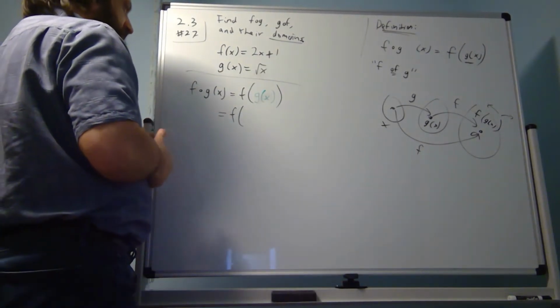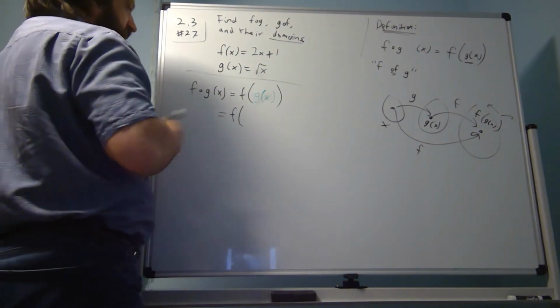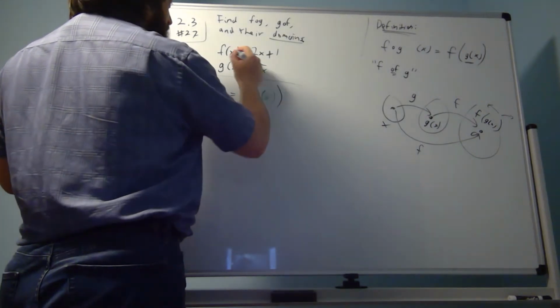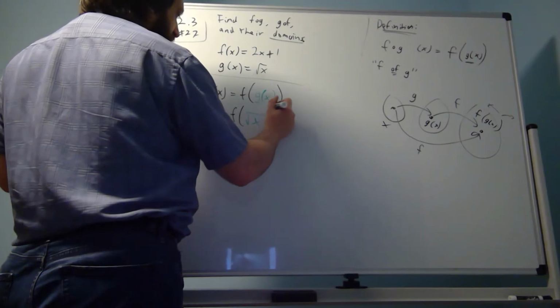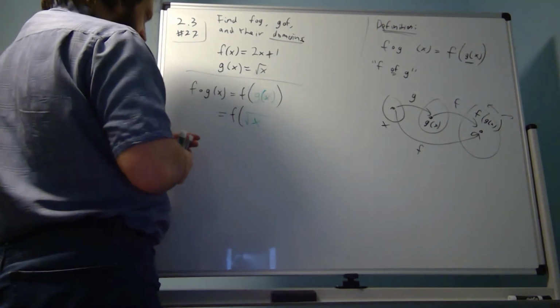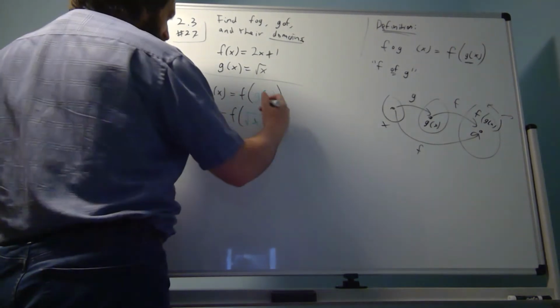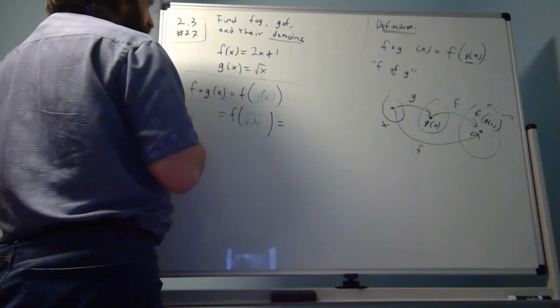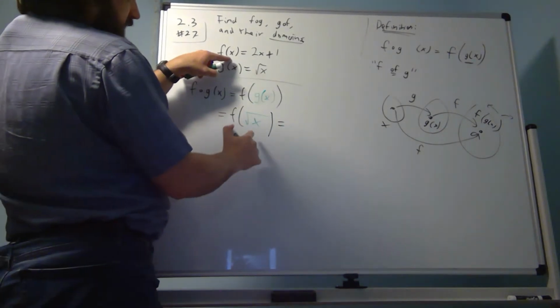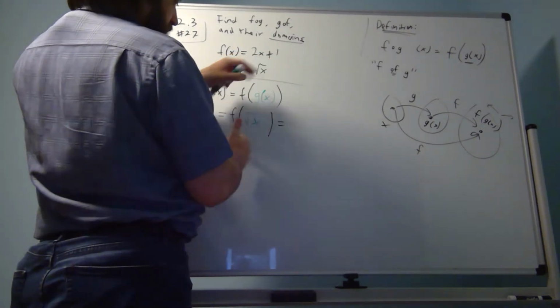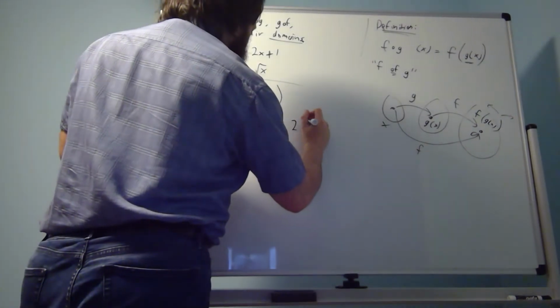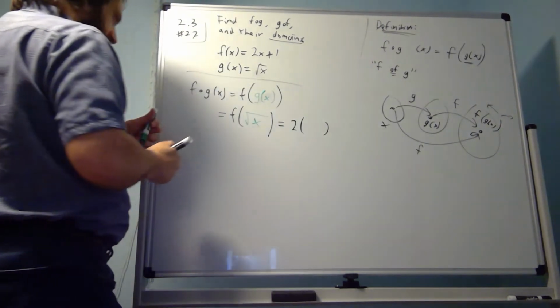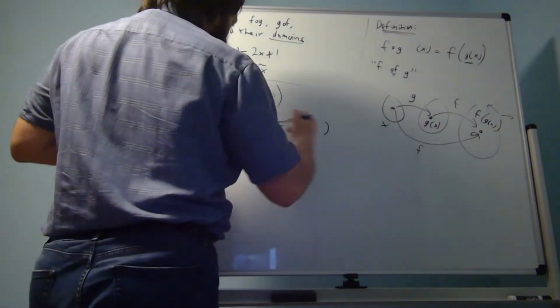But g of x is, well, the inside, we're not just taking f of x anymore. Instead of x, we're taking f of smiley face, where smiley face is this inside function, the square root of x. So if f of x is 2x plus 1, then f of the square root of x is twice, little helper parentheses.